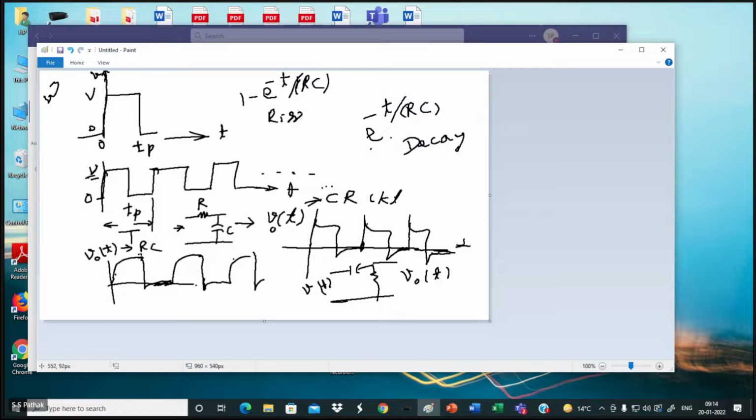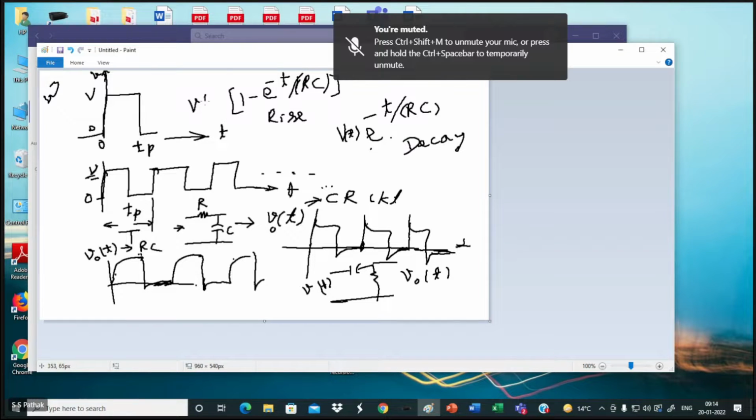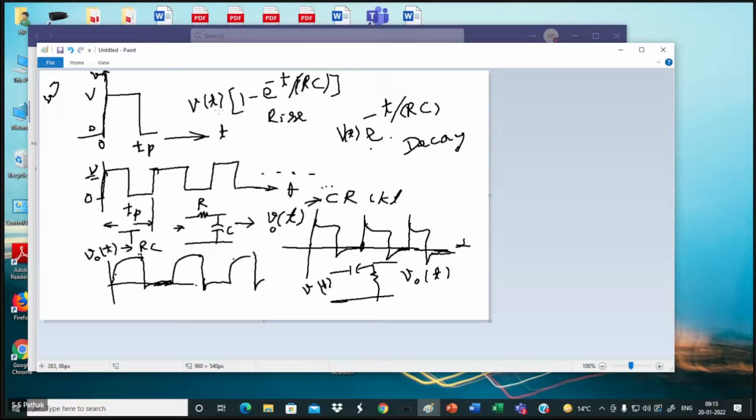Here this thing will be multiplied with your input signal Vt. The output will be rising according to that in one case, and decreasing according to that in the other. So at t equal to 0, in the case of exponential rise, it becomes 0.